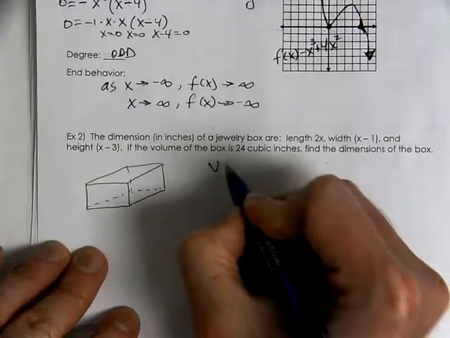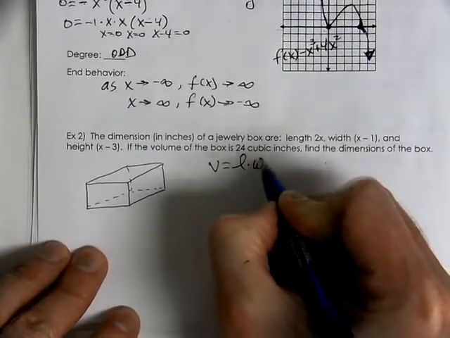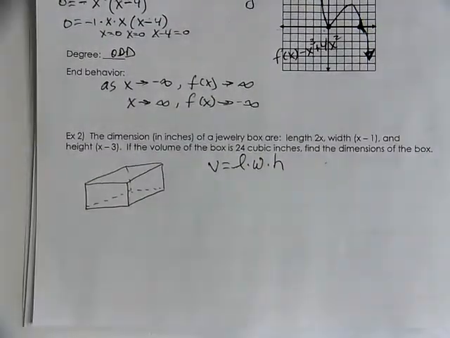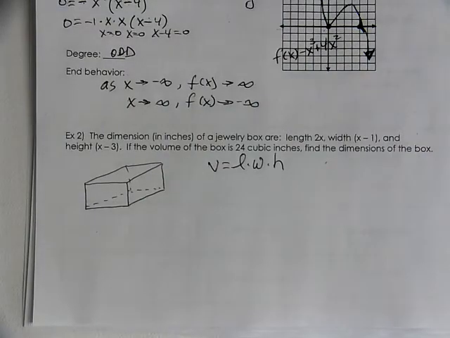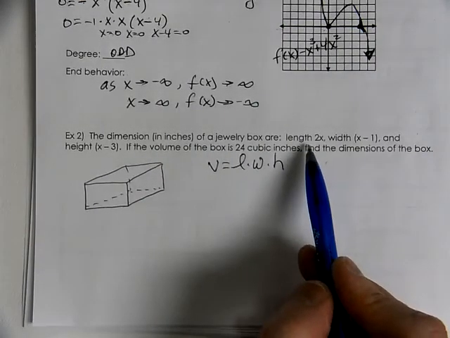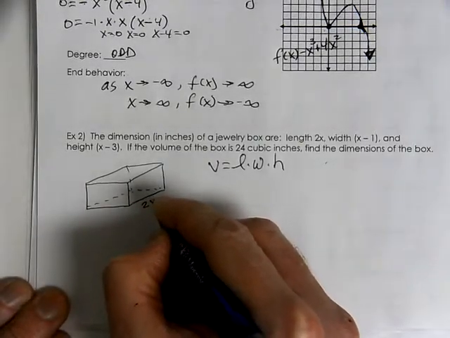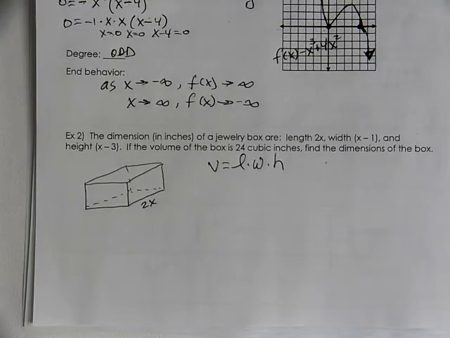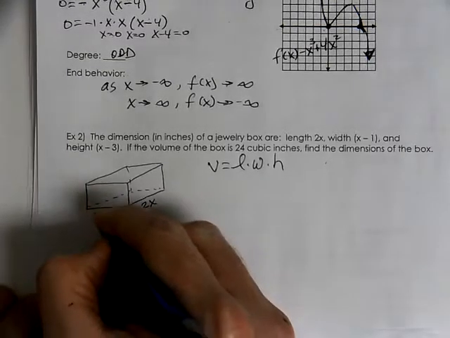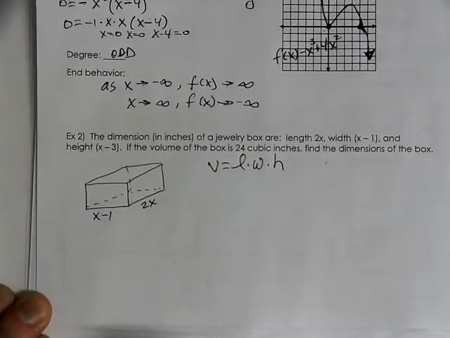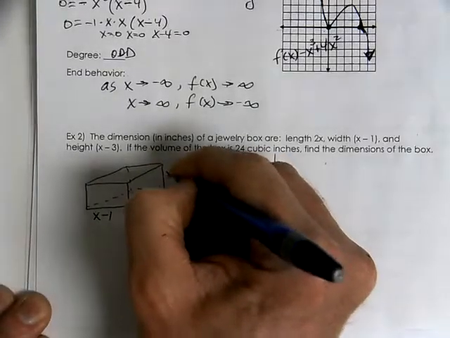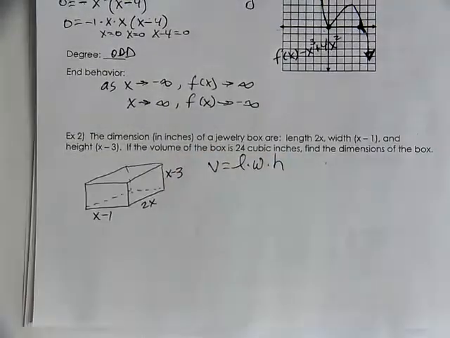So the volume for it is length times width times height. They give us the dimensions. They say that the length is 2x. So it doesn't really matter which dimension you consider length, but we'll consider that one the length. We'll say this one is the width, and the height is x minus 3.